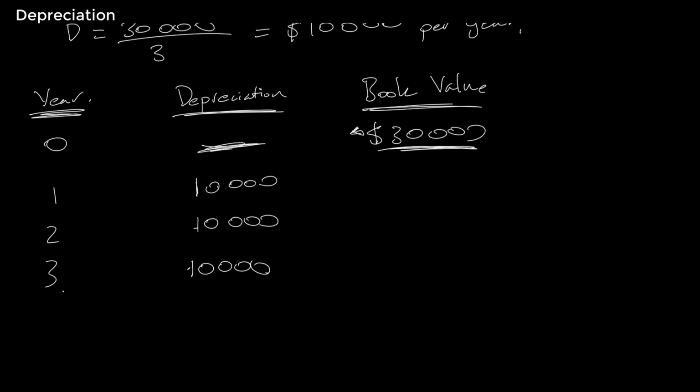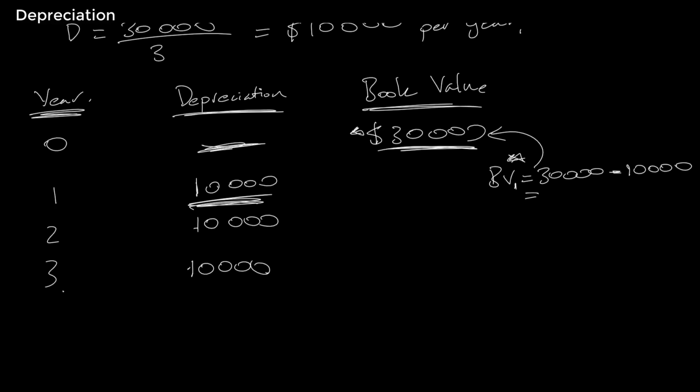Alright, now we need to calculate the book value for each of these years. The book value for year 1 is equal to the book value in the previous year, so 30,000, minus the depreciation incurred that year. Because 1 year has passed, the value of the asset has now reduced by $10,000, based on our accounting system.